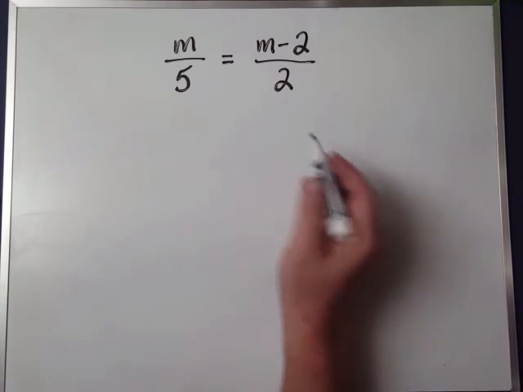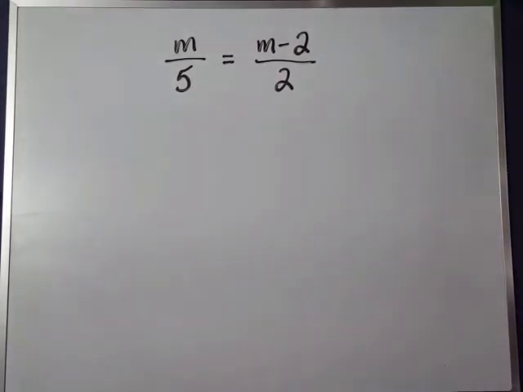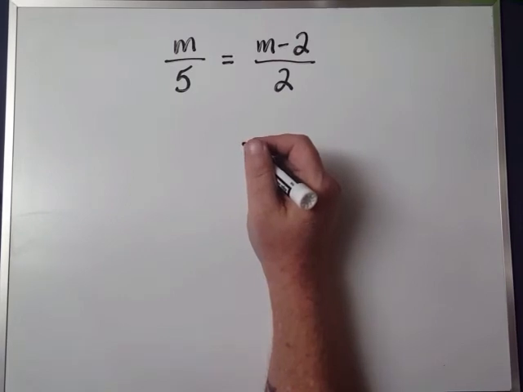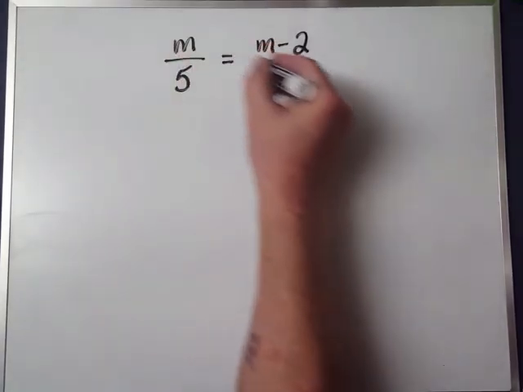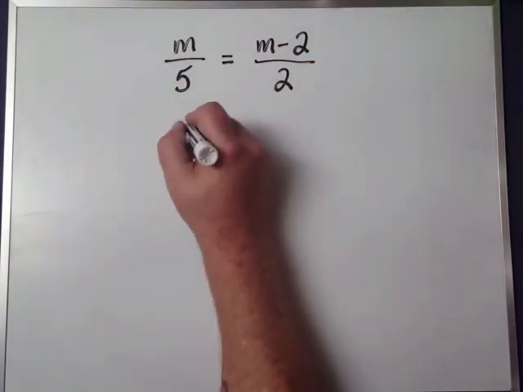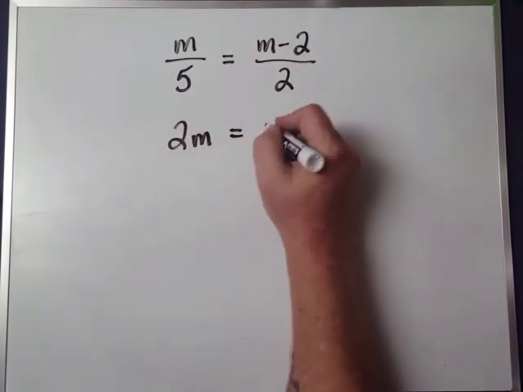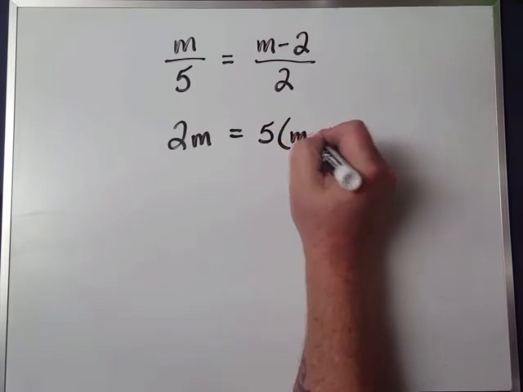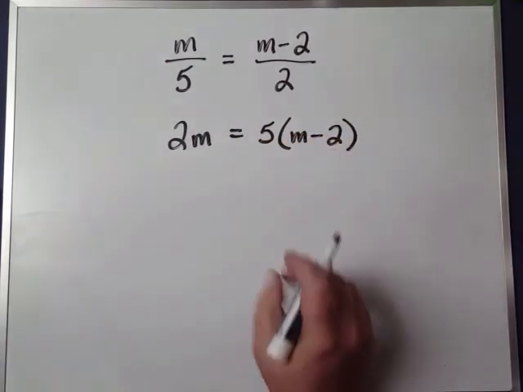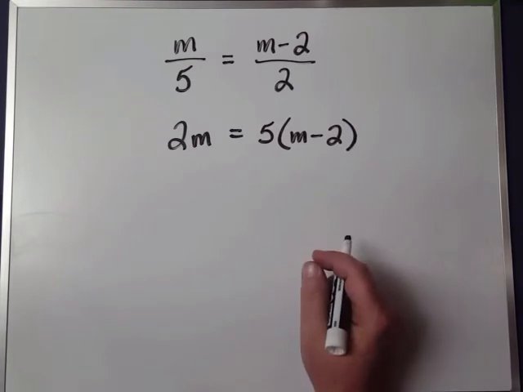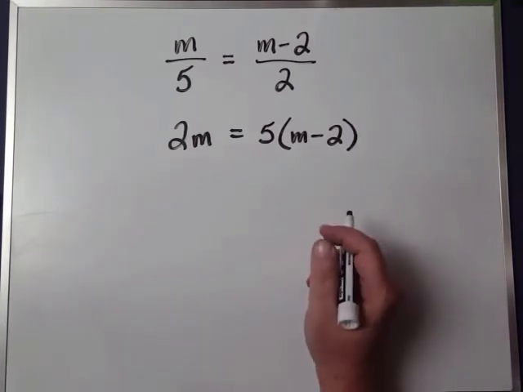This is a proportion. Fraction equals a fraction. So we can start by cross multiplying. It's just another way of clearing the fractions, really, isn't it? Product of the extremes, m times 2, 2m. Product of the means, 5 times that. Let's just write it, 5 times that. Little pieces, little bite-sized pieces. Don't get ahead of yourself, because that's when you make a silly mistake.